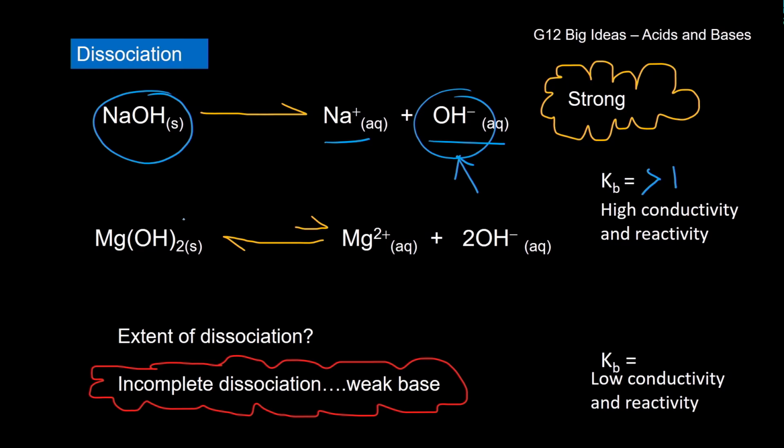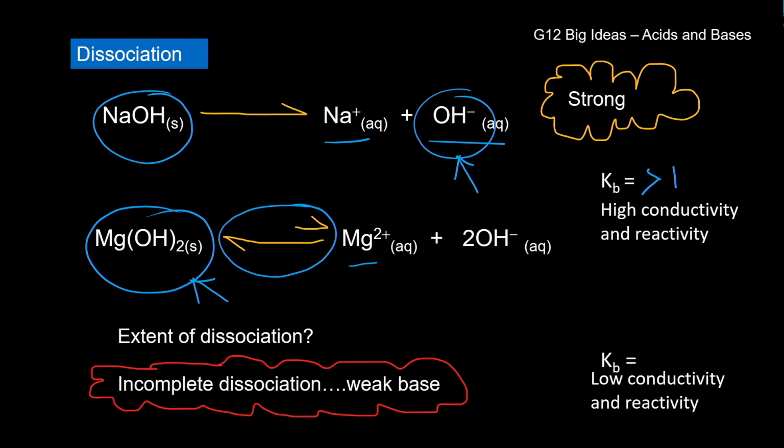Now, this magnesium hydroxide, we would think is a strong base, but it is not. It does not like being in its ionic form. It likes being, there we go, as a whole substance, and so its equilibrium lies to its complete form.